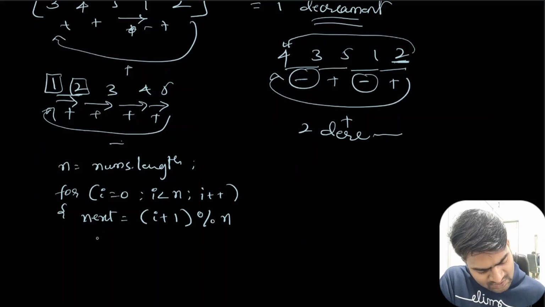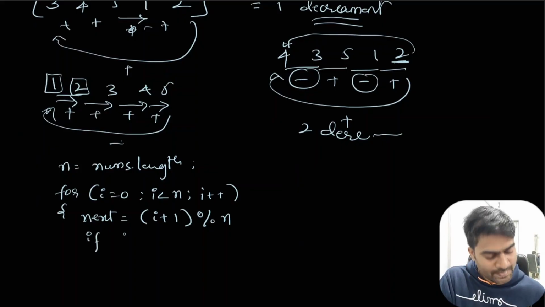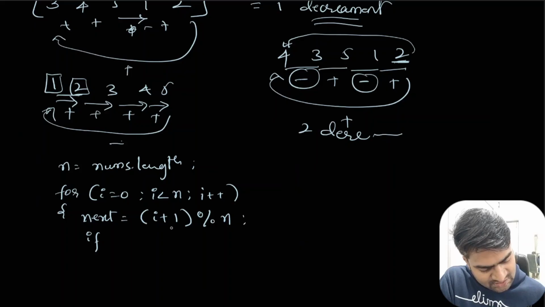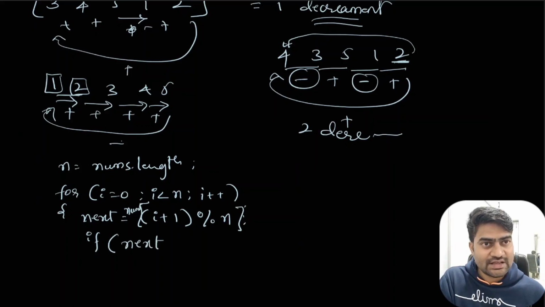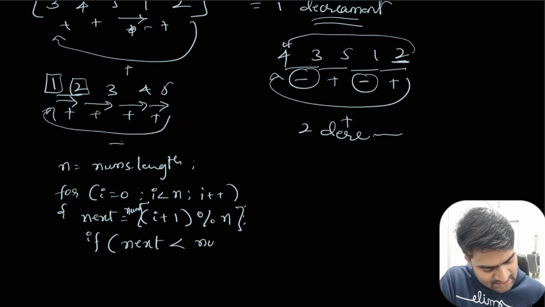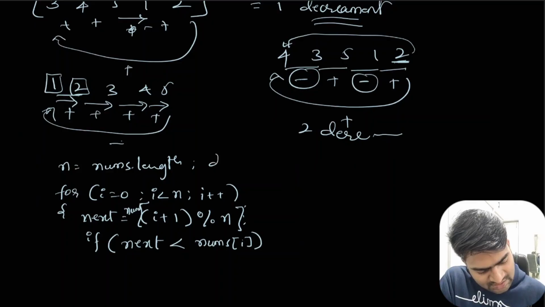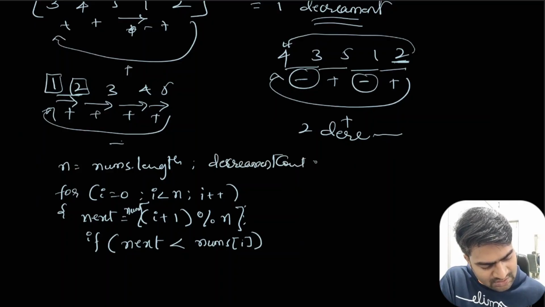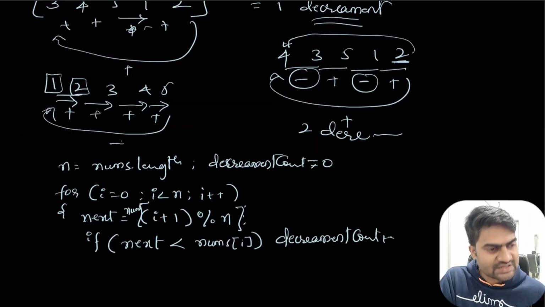Now with this index, we can say nums of this way we will get the next number. If the next number is less than nums of i, then we will take one more variable, decrement count equal to 0, and we will say decrement count plus plus.